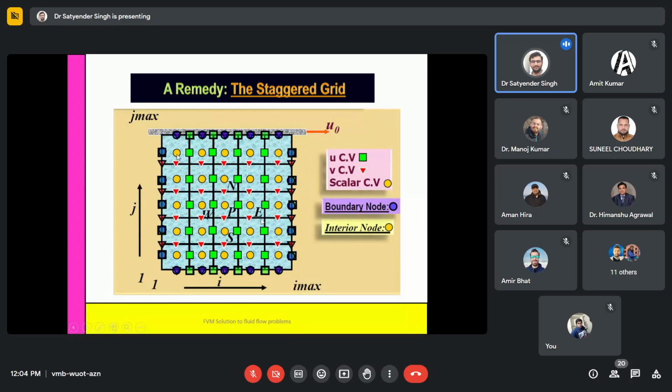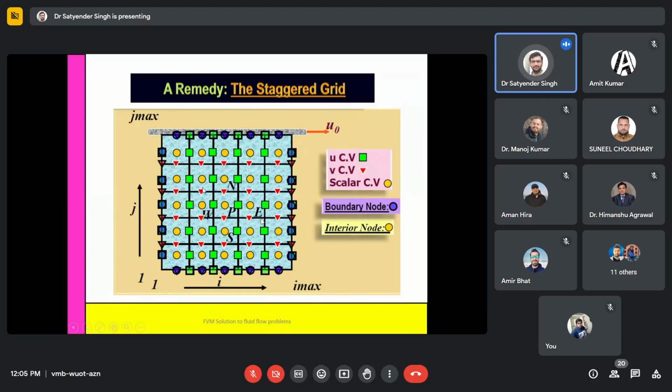So just consider this particular cell or grid, where this yellow one is pressure, this green one is the location of the u velocity, and this red one is the location of the v velocity. Now this is actually the staggered grid approach.